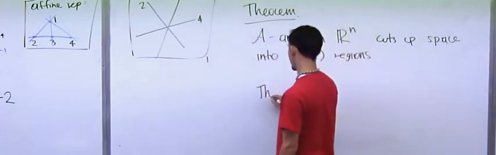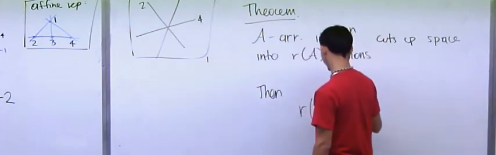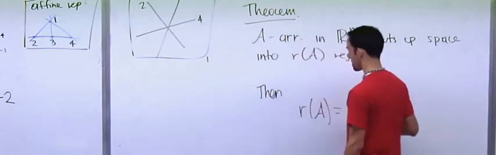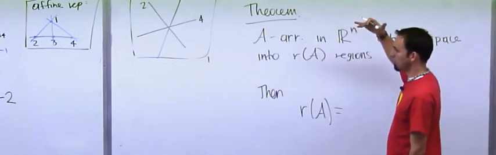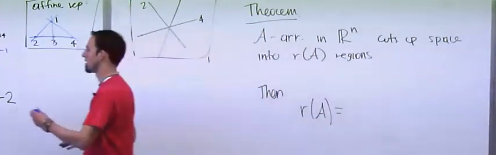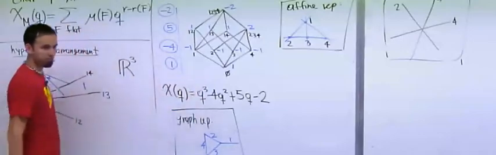Then the number of regions is just, well, I just erased this, but as you see here, I have a hyperplane arrangement. I have an intersection poset. The intersection poset has a characteristic polynomial. Plug in -1. That's it.